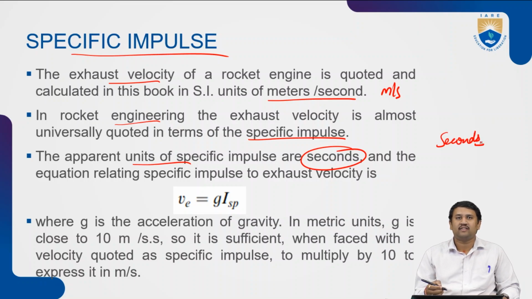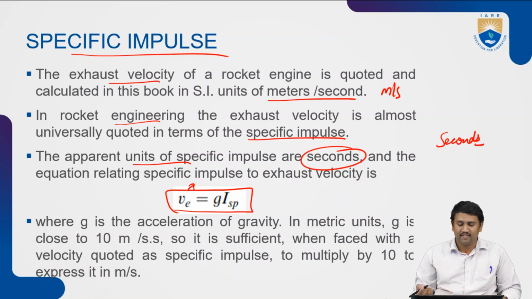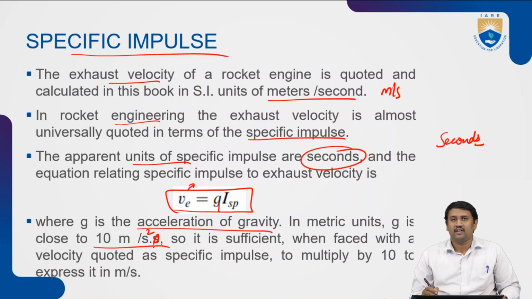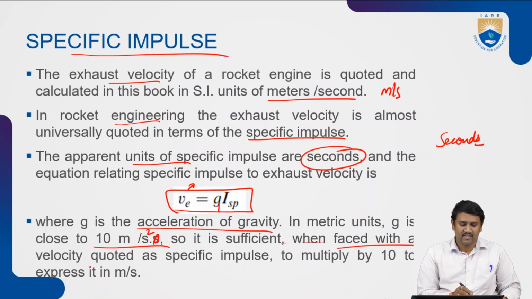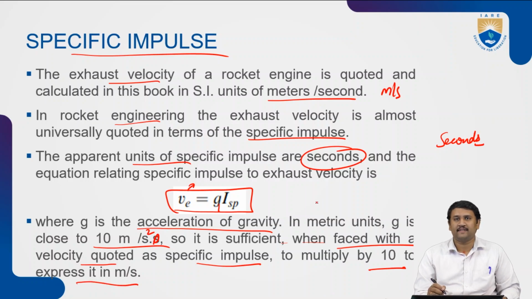And the equation related to specific impulse and the exhaust velocity is given here, where V is my exhaust velocity and G is the acceleration due to gravity, which in metric units is close to 10 meter per second squared. So it is sufficient, when faced with a velocity quoted with specific impulse, to multiply by 10 in order to express it in meter per second.